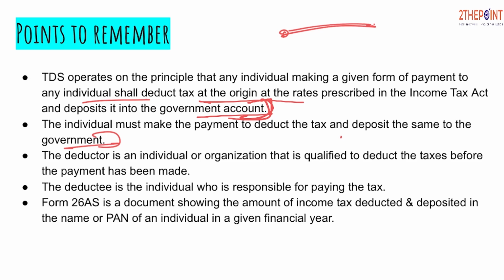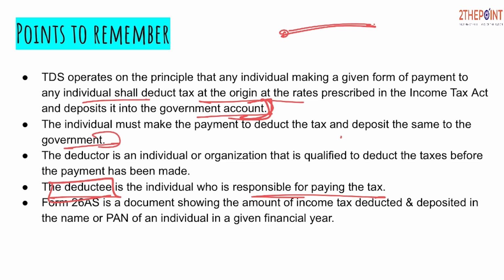The next point is that the deductee is the individual who is responsible for paying tax. So the deductee should fall under the tax ambit. For example, if your organization has hired some domestic help or labor to provide some services, the organization or the firm will not collect TDS on the petty payments made to them.